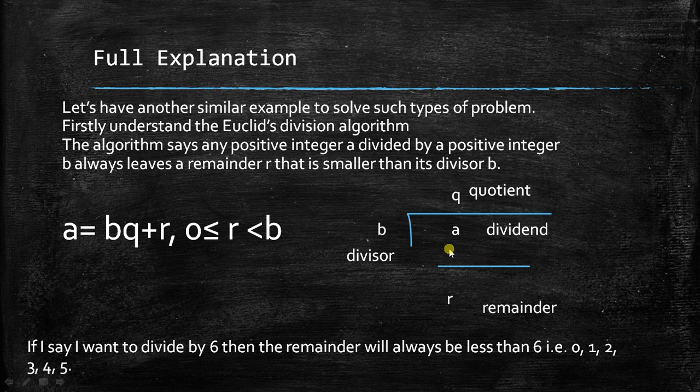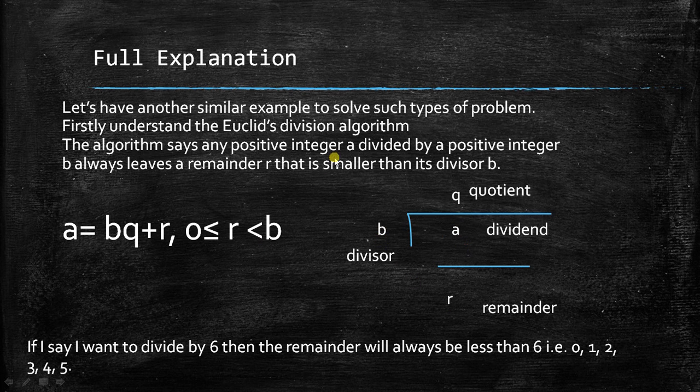Let's understand again. For example, the dividend is 12 and we are going to divide it by 5. So the dividend is 12 and the divisor is 5. If you divide 12 by 5, 5 twos are 10, so the remainder is 2, which is less than 5.